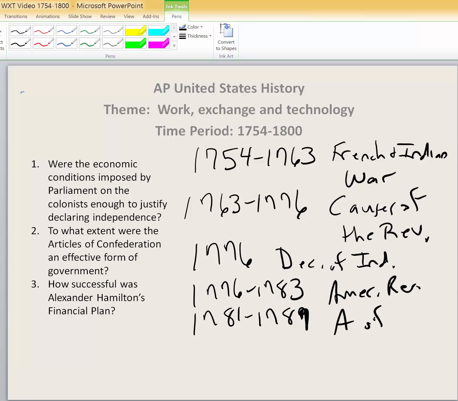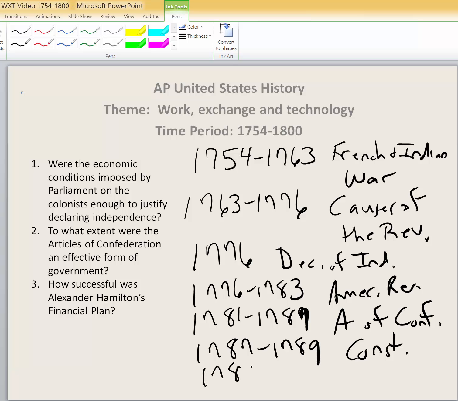Will be your Articles of Confederation. 1787 to 1789 will be the Constitutional Era. And then 1789 to 1800 will be what they often refer to as the Early Republic. So a lot of major changes and important concepts and events during this time period.